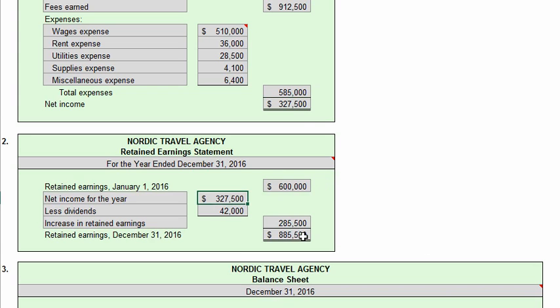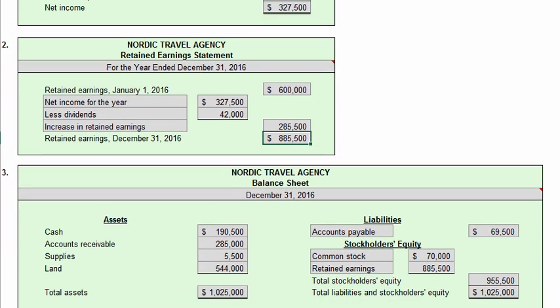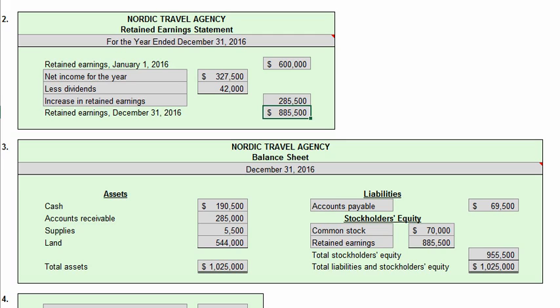It becomes a part of the retained earnings balance. And then retained earnings carries forward from the retained earnings statement to the balance sheet. It becomes a part of total stockholders' equity and total liabilities and stockholders' equity. It connects the retained earnings statement to the balance sheet. So really all three are connected.